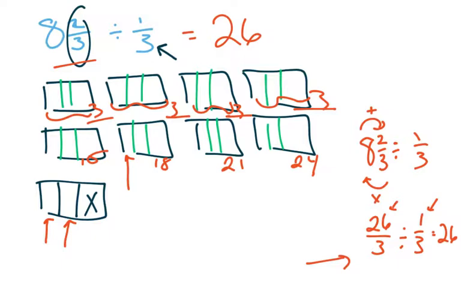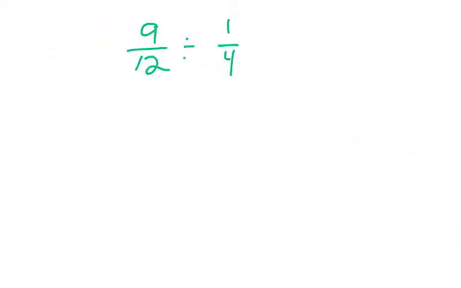Let's look at that. If I have two different denominators, I can either simplify or multiply and scale up. Let's do the simplifying. 9/12. I can divide them both by the greatest common factor, which is 3. That simplifies to 3/4.